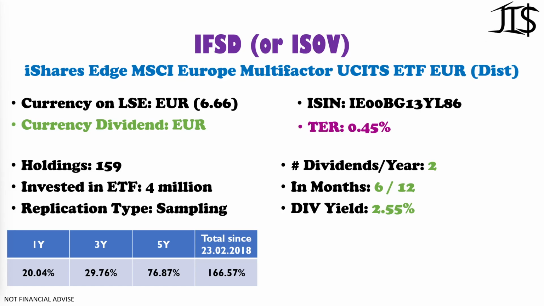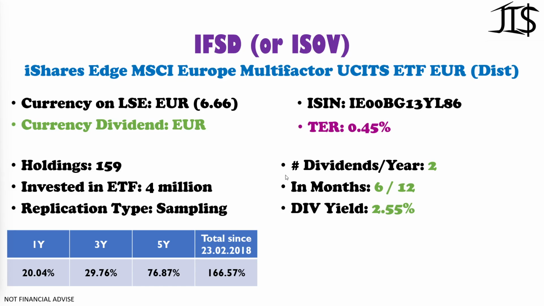It pays out 2 dividends per year, so once again, multi-factor and factor ETFs from iShares tend to have only half-yearly dividends, while other dividend ETFs that are more focused around paying out the dividends pay out quarterly. And I like that more, but yeah, beggars can't be choosers.